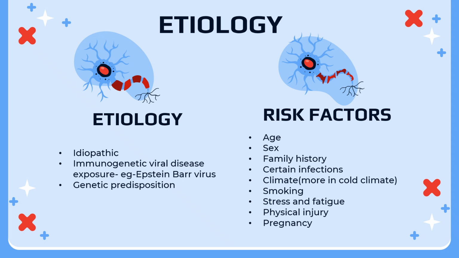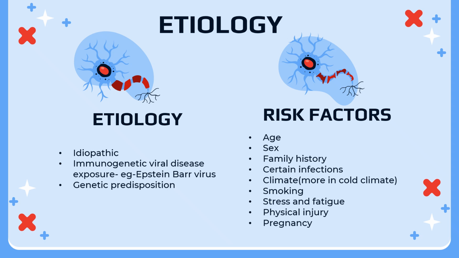Now, etiology, we have risk factors. Under etiology, we have something called idiopathic. What do you mean by idiopathic? Idiopathic means that it is unknown. Nobody actually knows a specific cause. Then there is immunogenetic viral disease, like if you have been exposed to the Epstein-Barr virus.